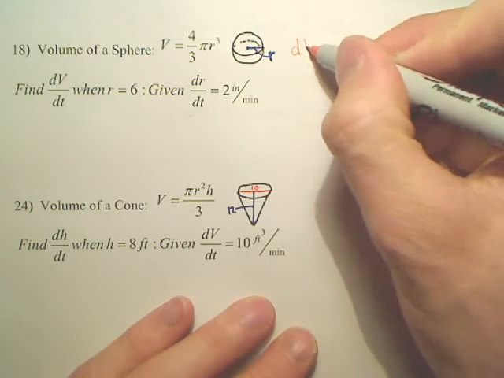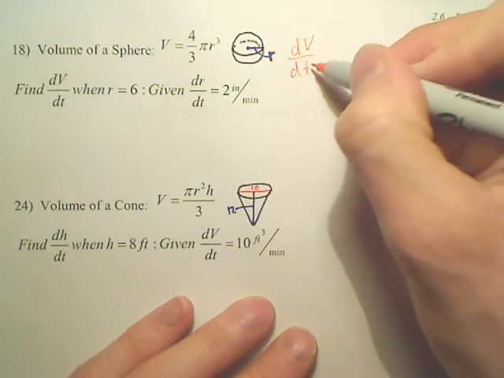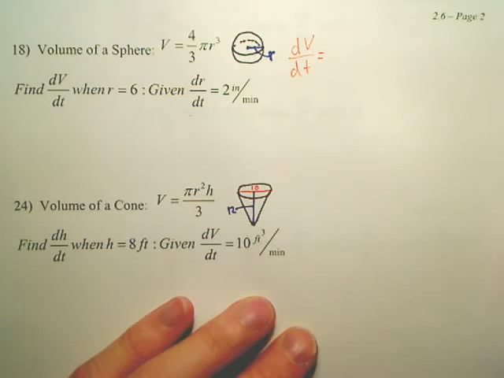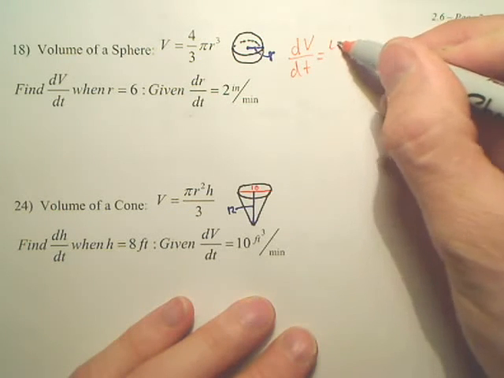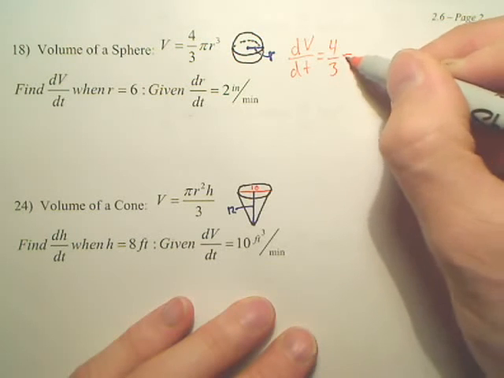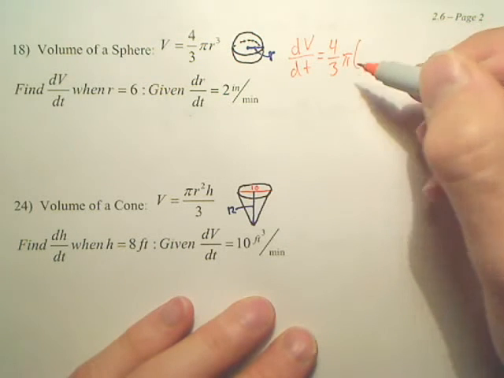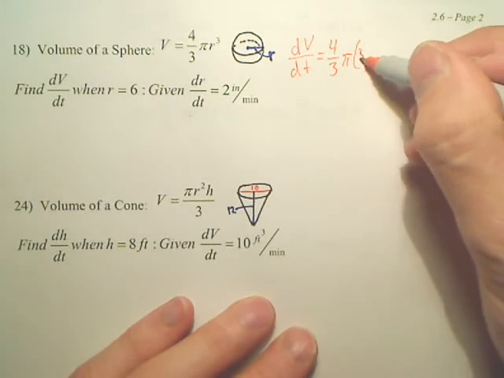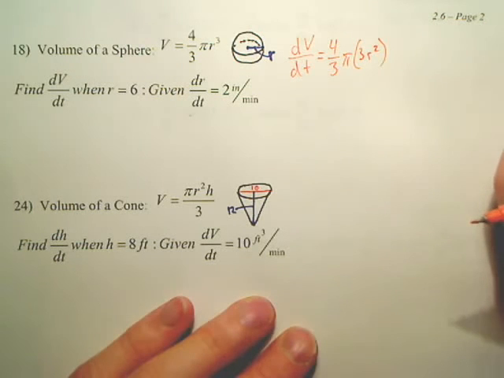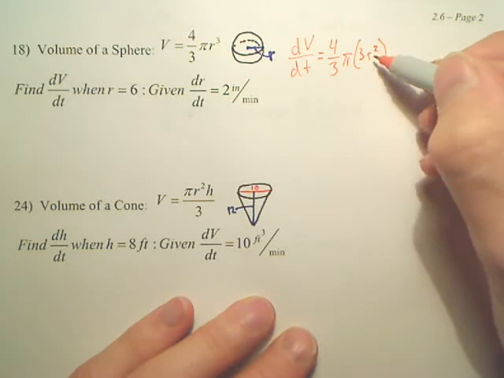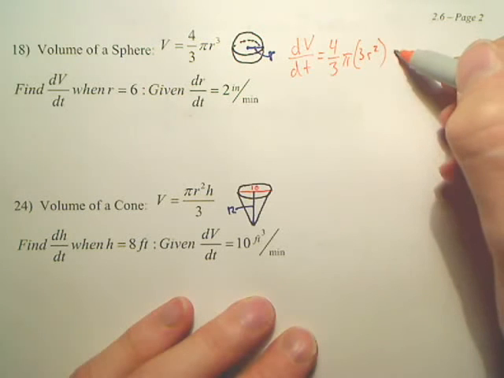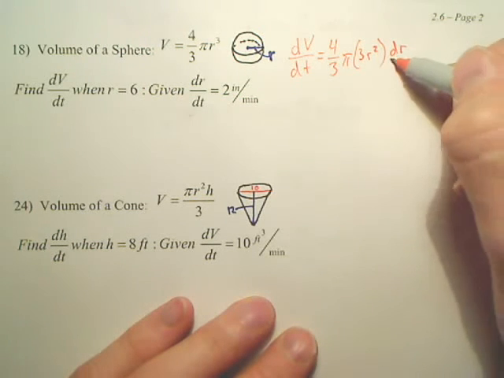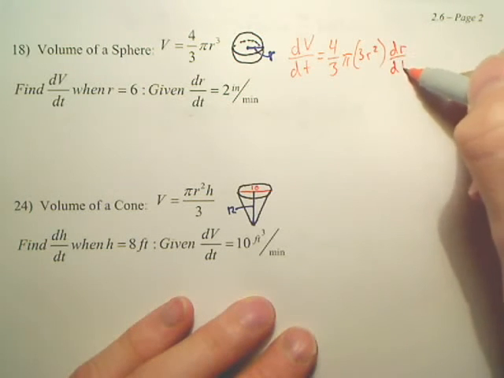So that is going to be dV/dt equals 4 over 3 pi. Take that out, and this is going to be 3r squared. And then what's the derivative of r? It's chain rule. The derivative of r, chain rule wise, is dr/dt.